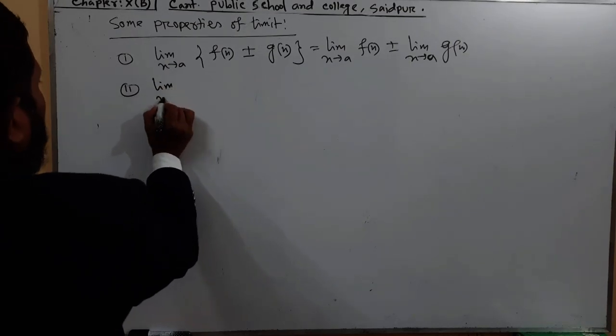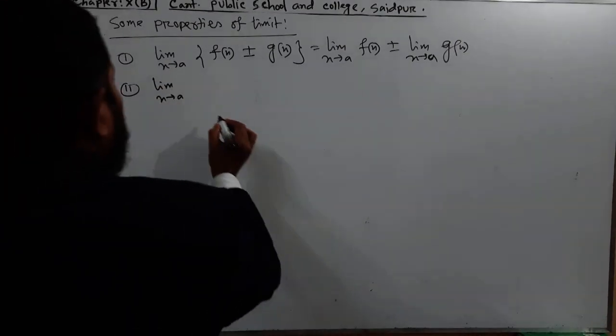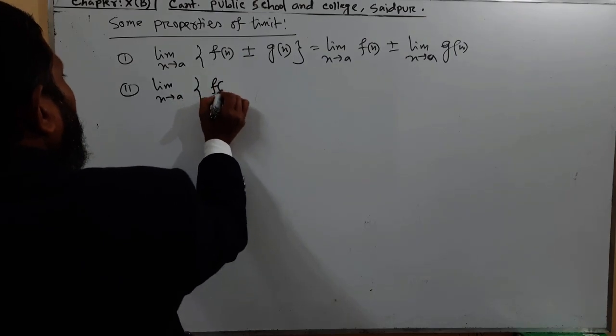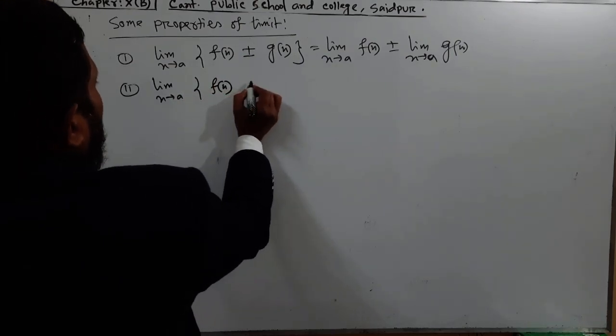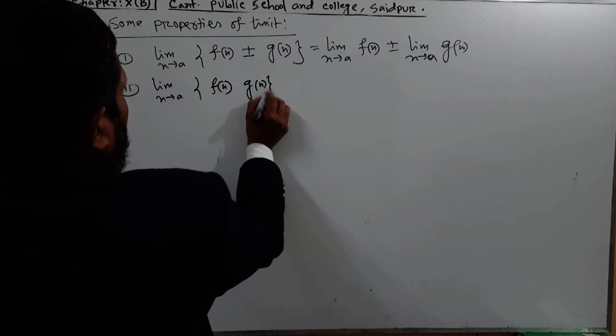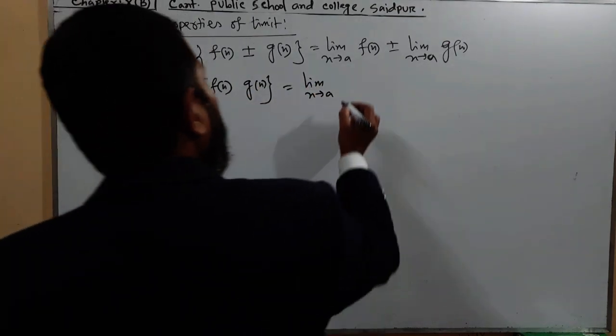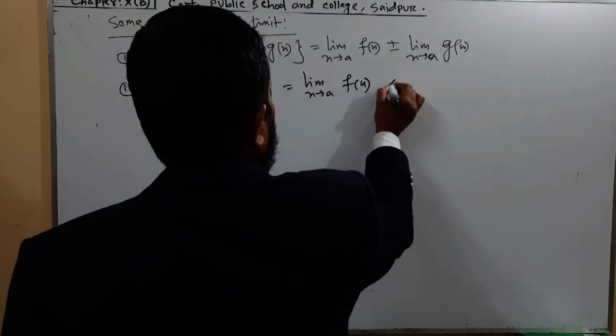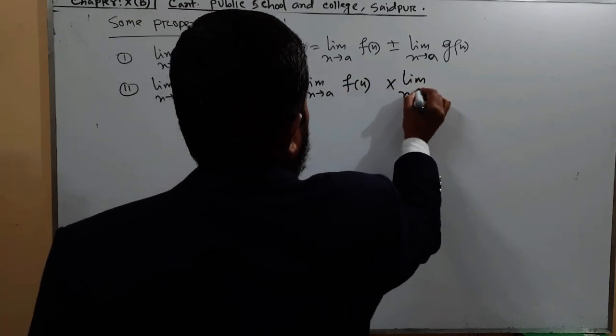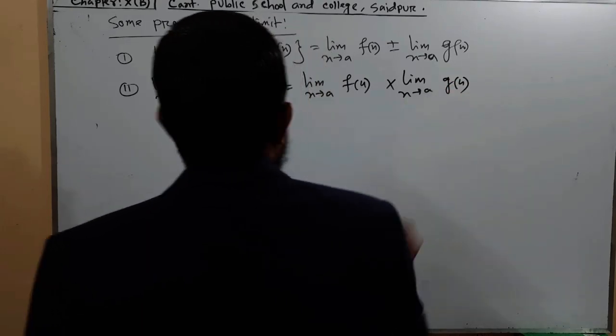Limit x tends to a f of x multiplied by g of x is limit x tends to a f of x times limit x tends to a g of x.